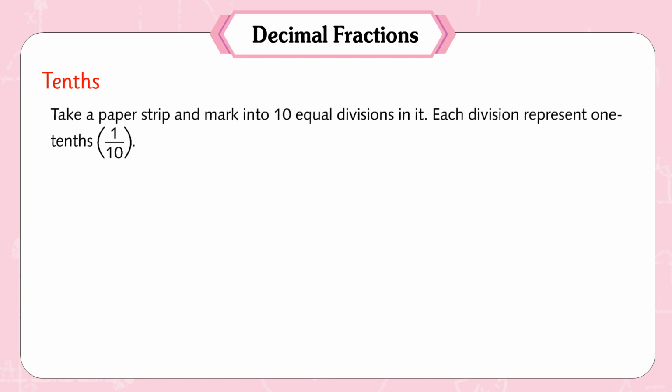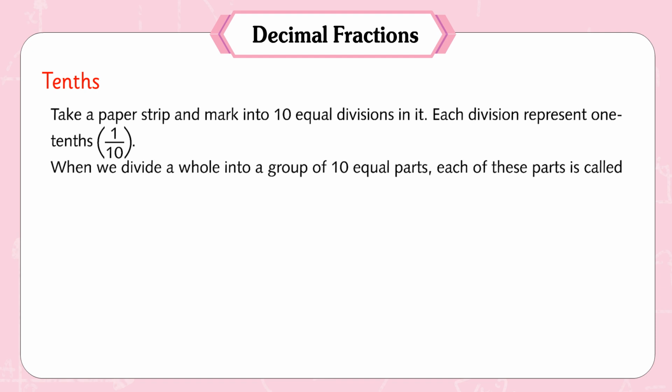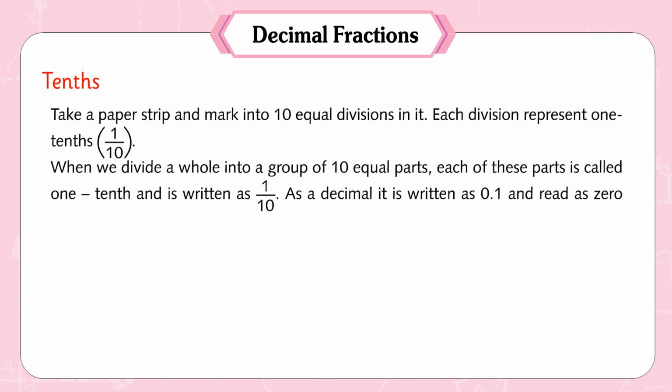Each division represents 1 by 10. When we divide a whole into 10 equal parts, each of these parts is called 1/10 and is written as 1 by 10. As a decimal, it is written as 0.1 and read as 0.1.